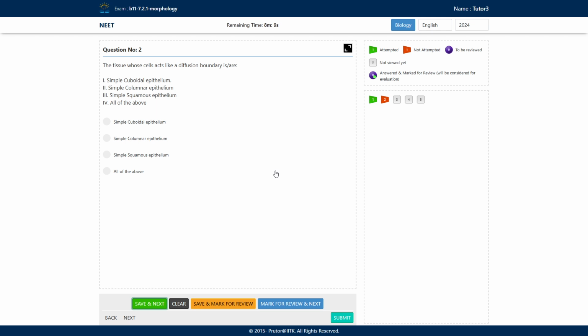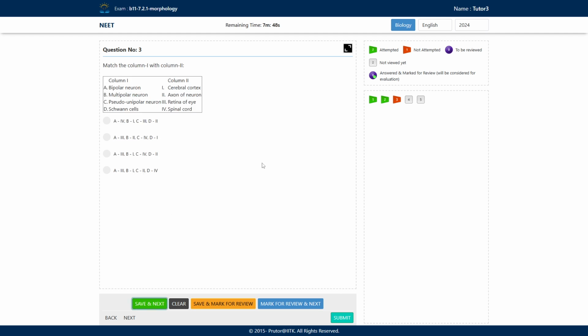Okay, so the one that is very thin is the simple squamous epithelium. They are like tiles on the floor, right? They are flattened, so their surface is very, very thin. So simple squamous epithelium is the correct answer. We will save and move to the next one.